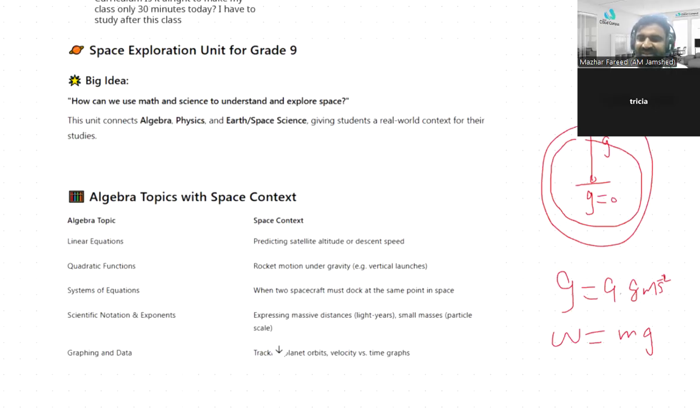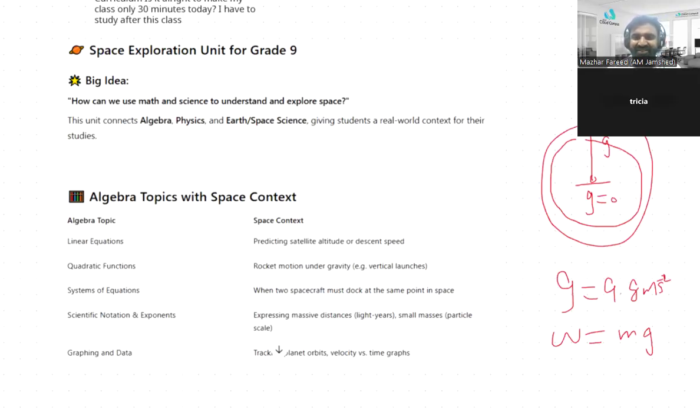So this motion is a vertical launch in vertical space. When any object goes away, its g value decreases, its gravitational acceleration decreases. So when a rocket goes from Earth into space, the g value decreases. When it reaches its target, it explodes.